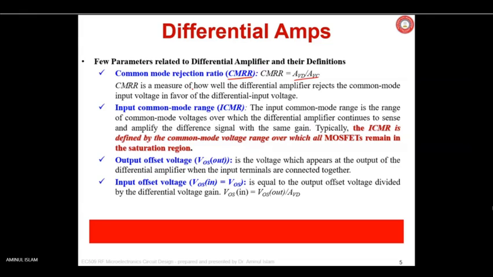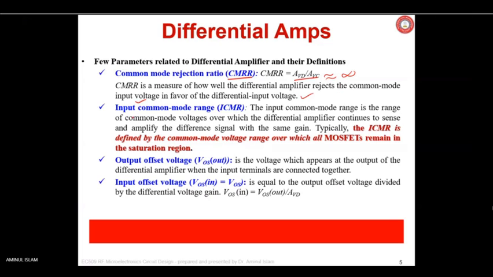It is the measure of how well the differential amplifier rejects the common mode input in favor of the differential input. And its ideal value should be what? As high as possible, or infinity. Ideally infinity, but in reality it is not. Maybe a very high value but not infinity.